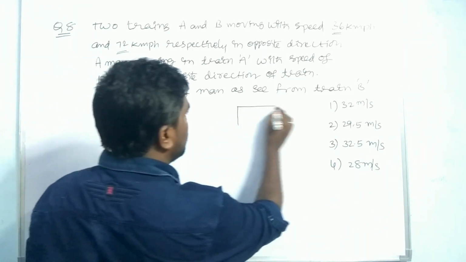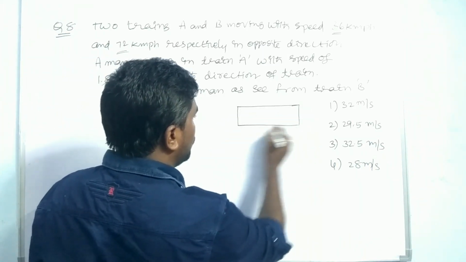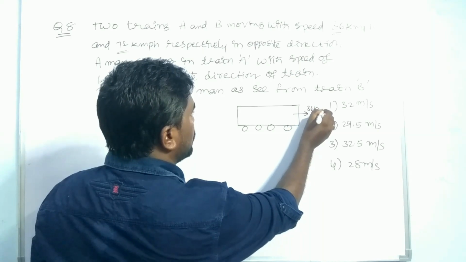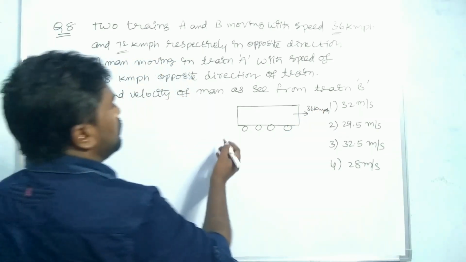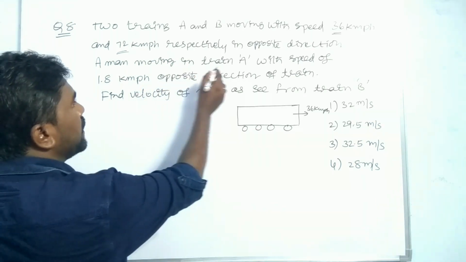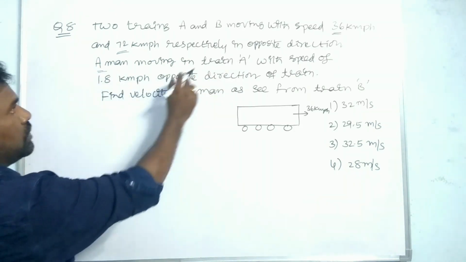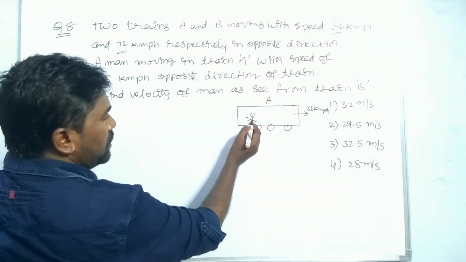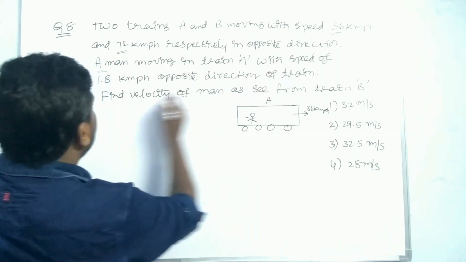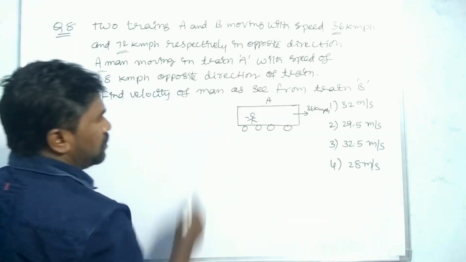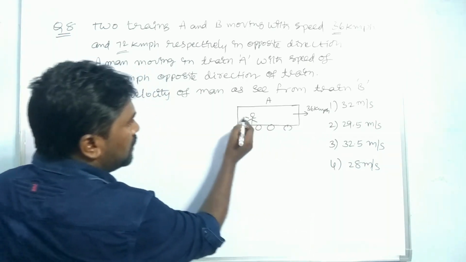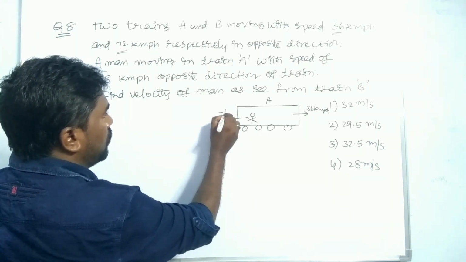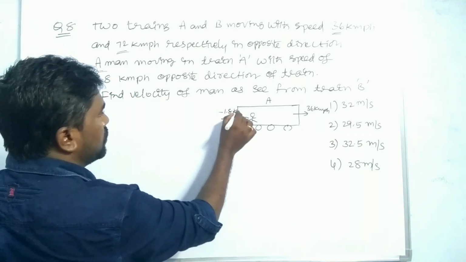Here there is a train which is moving with a speed of 36 kmph, and a man, one person, is moving in train A. So here there is a man, this is train A. A man is moving in train A with a speed of 1.8 kmph in the opposite direction of the train. The train is moving in this direction, he is moving in this direction. So in this opposite direction it means minus 1.8 kmph.